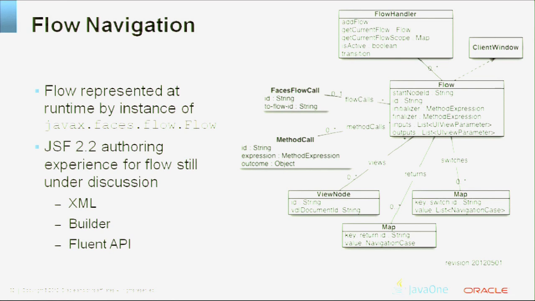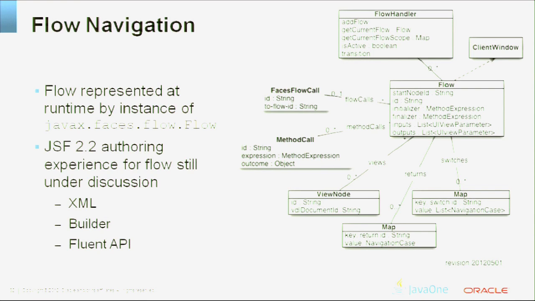And whatever you see in that browser tab or browser window will stick with that client window. And that feature is fundamentally important when doing Faces flows, especially when you have nested flows or when you have a flow that wants to do a subflow that is kind of modal and might block and prevent you from going anywhere else until you complete that subflow. Having a client window is essential for that.